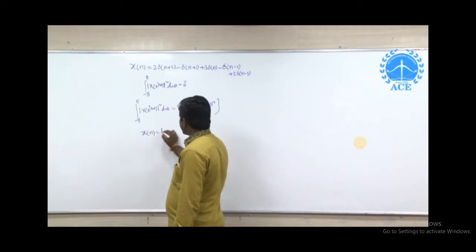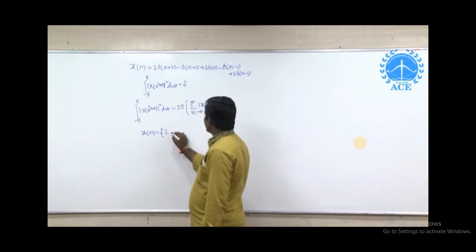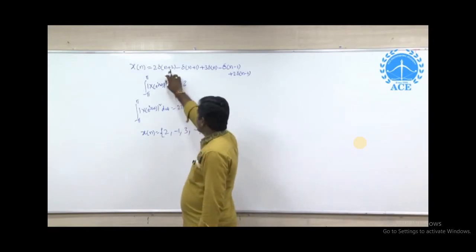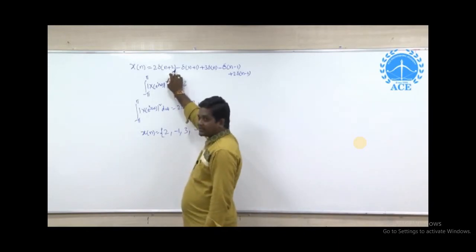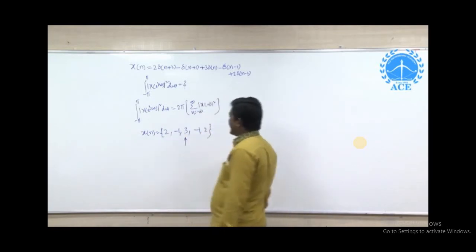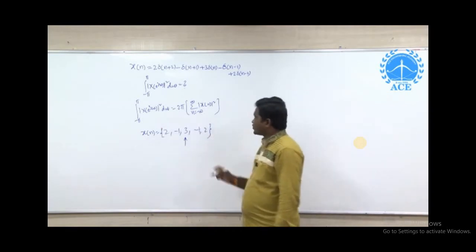So x of n, I can write this in the sequence form: 2, minus 1, 3, minus 1, 2. So del of n plus 2 means it is located at minus 2, then minus 1, then 0, this is the 0th index. So in x of n, n is ranging from minus 2 to plus 2.